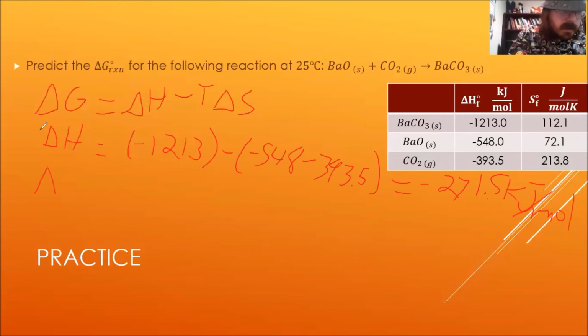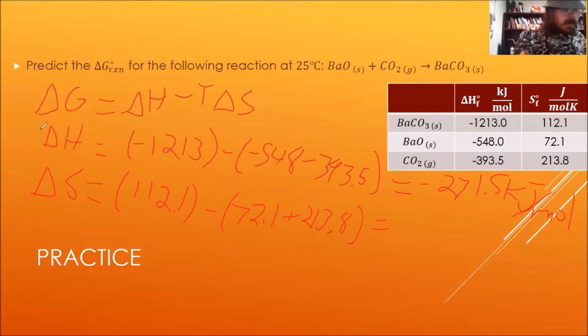Same thing for delta S. Delta S is products minus reactants. We say, well, our products are 112. Our reactants are 72.1 and 213.8. So we're going to get a negative number as well.